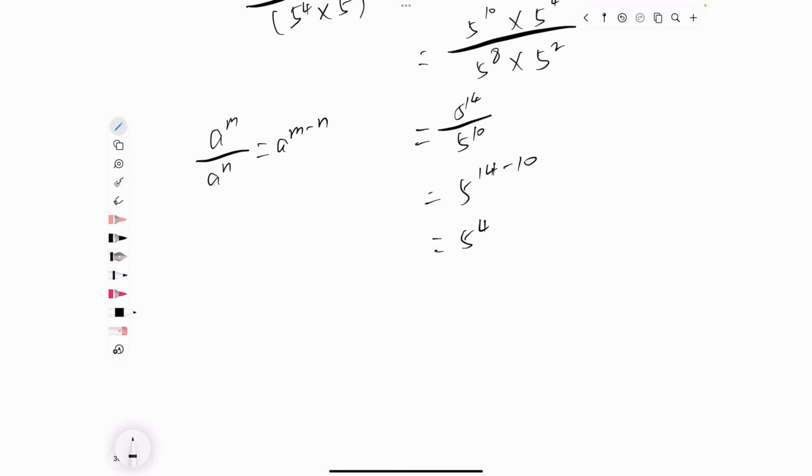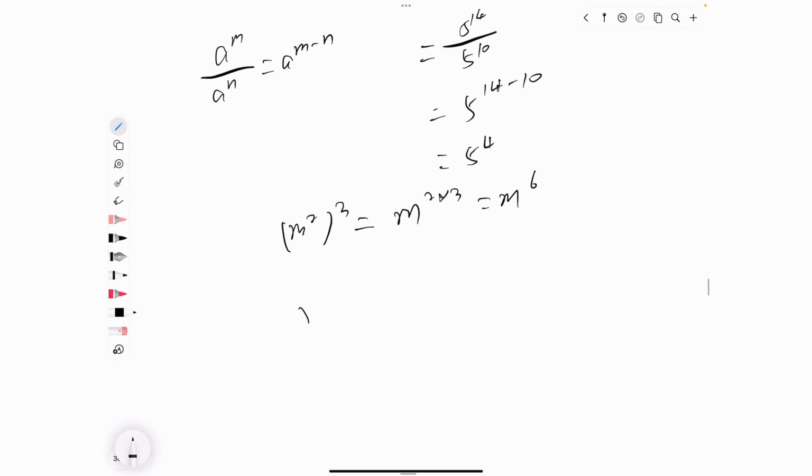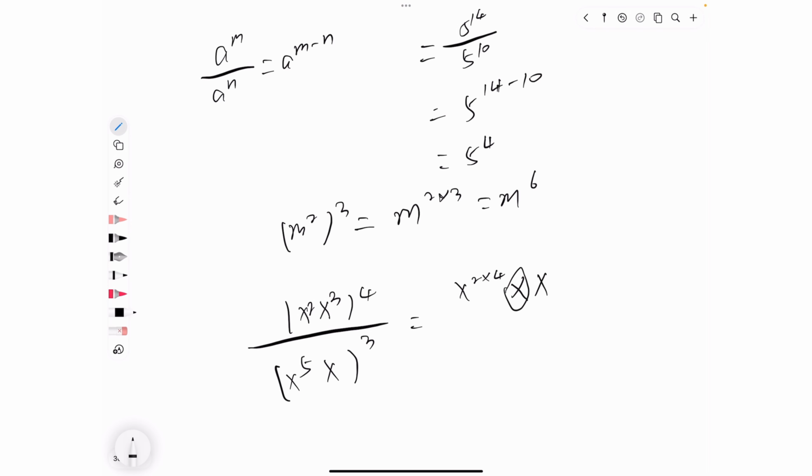Then we have m squared cubed equals m to the 2 times 3, which is m to the 6. x squared, x cubed to the 4 divided by x to the 5 times x to the 3 equals x to the 2 times 4 times x, multiplication.